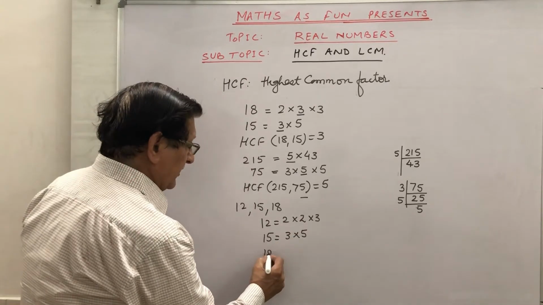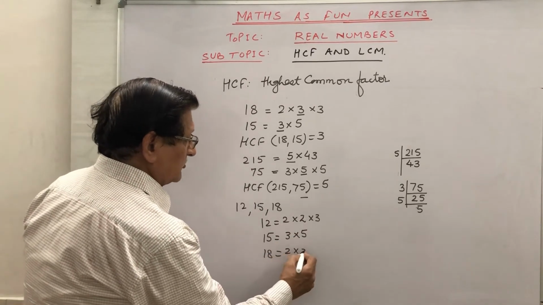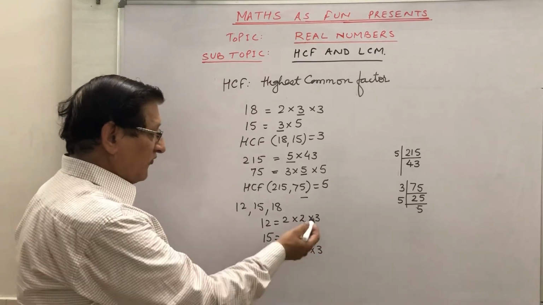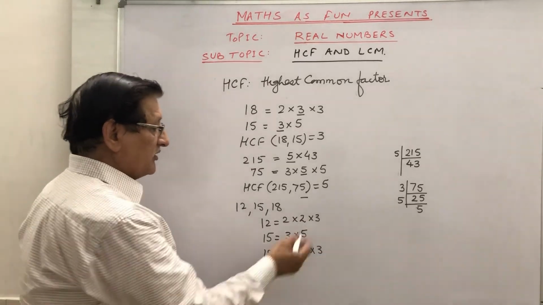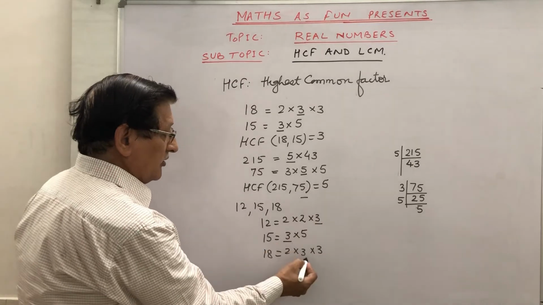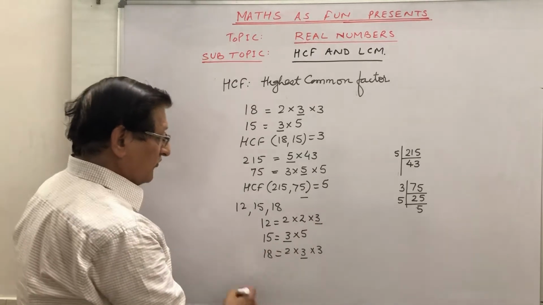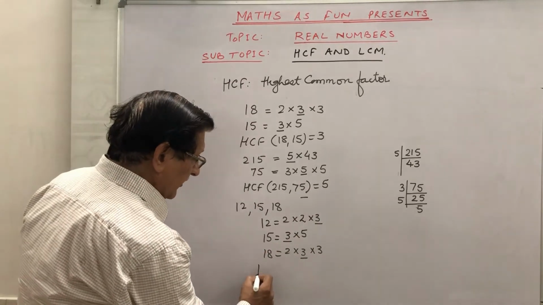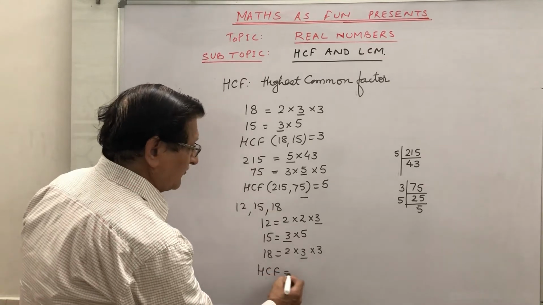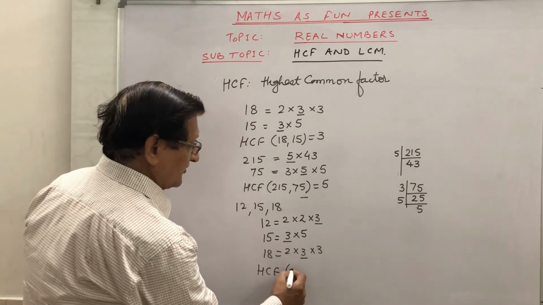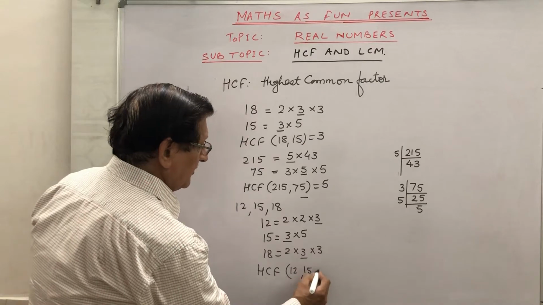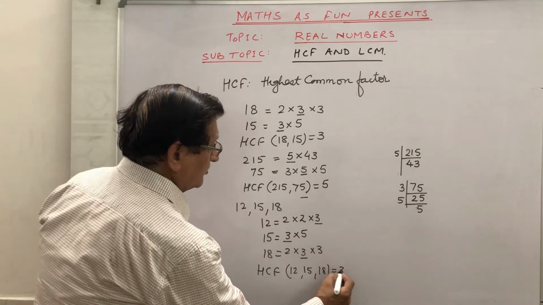When you go for 18, that is 2 into 3 into 3. Do we find any common factor in them? Yes, 3 is the common in all of them. So the common factor, that is HCF of all three of them, 12, 15, 18 is equal to 3.